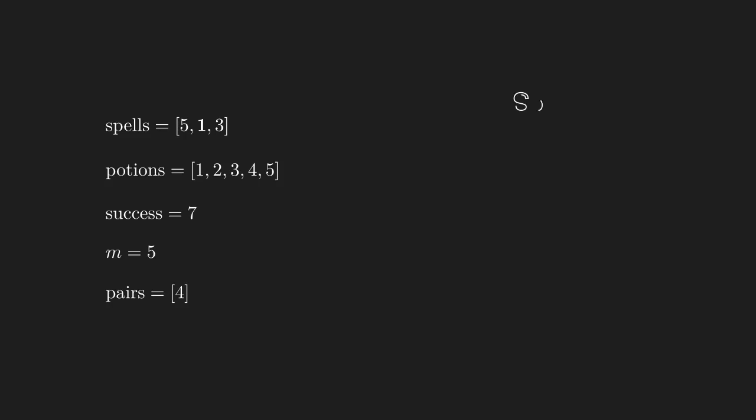Moving to the second spell, its strength is 1. We calculate the threshold, 7 plus 1 minus 1 equals 7. 7 integer divided by 1 is 7. The minimum potion strength needed for this spell is 7. We now need to find where the value 7 would fit into our sorted potions array.